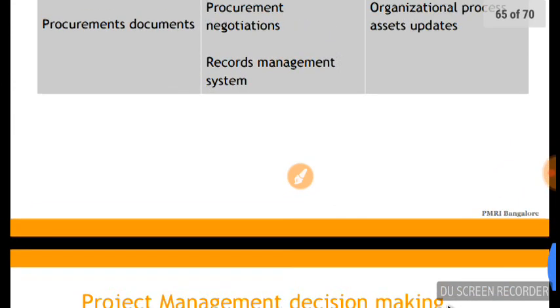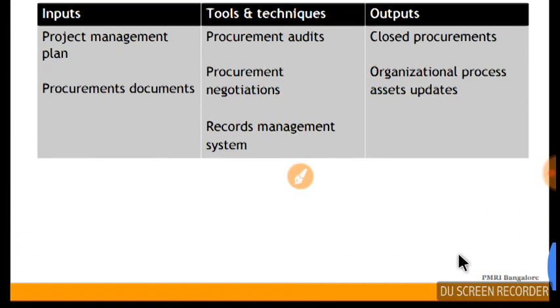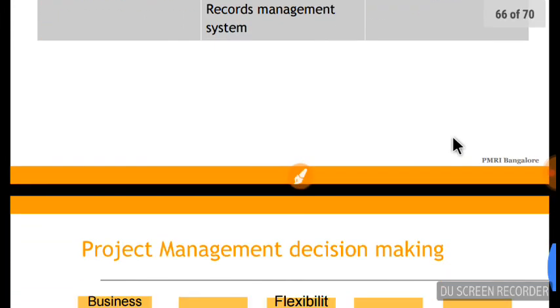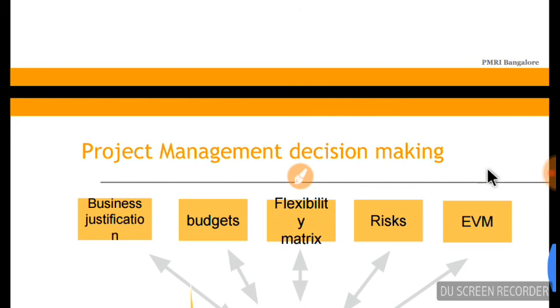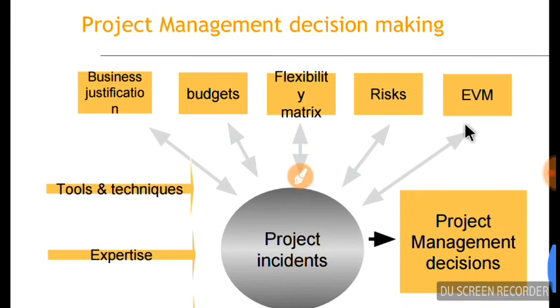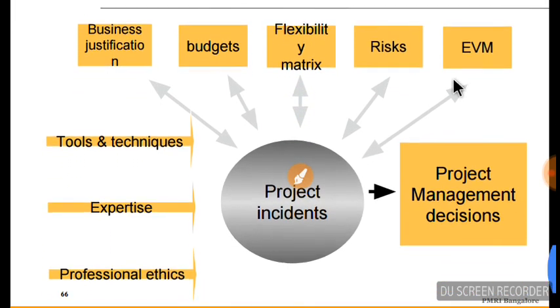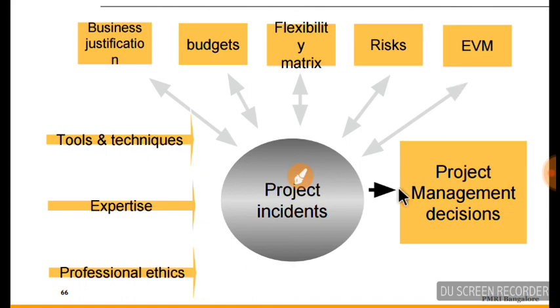Now that's it. With this, we have completed closing as well. Now we have covered all the 47 processes, and we are equipped with a lot of things. So now whenever a project situation arises, the first thing you have to look at is earned value management: what is the CPI, what is the SPI?